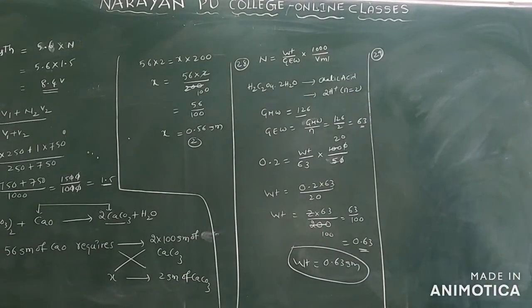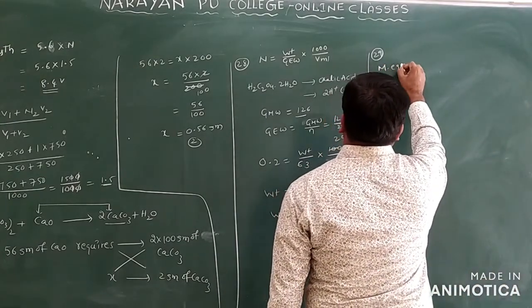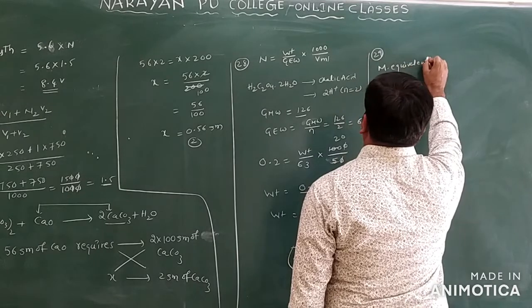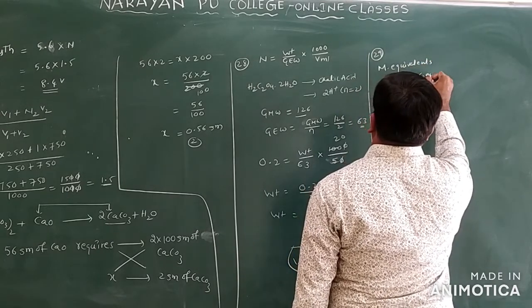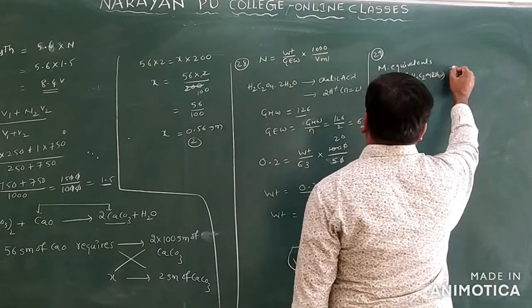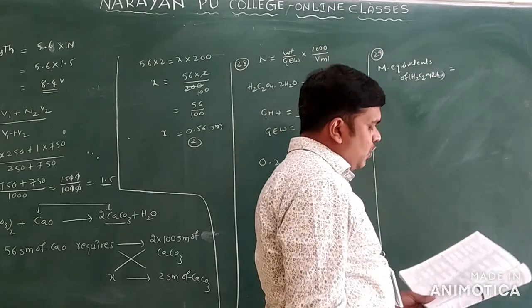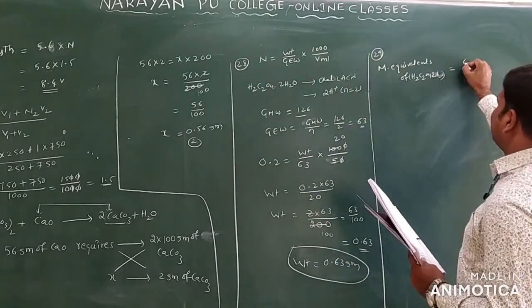So what you can find out here is the equivalents, or the milli equivalents, for both oxalic acid and NaOH. I will write here milli equivalents of H2C2O4·2H2O. What is it? It is oxalic acid only. What is the weight percent given? The weight percent of the oxalic acid is given as 63.